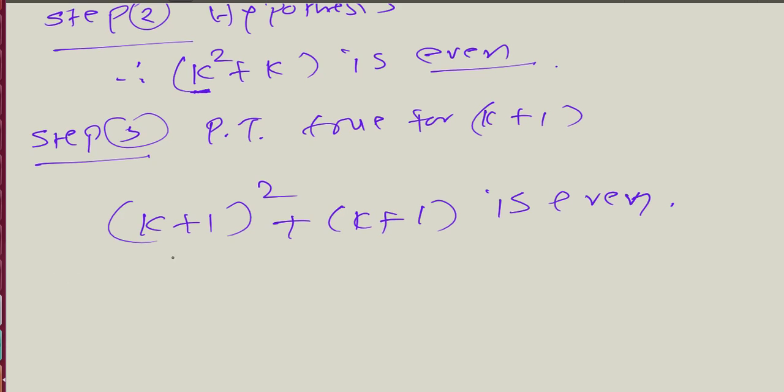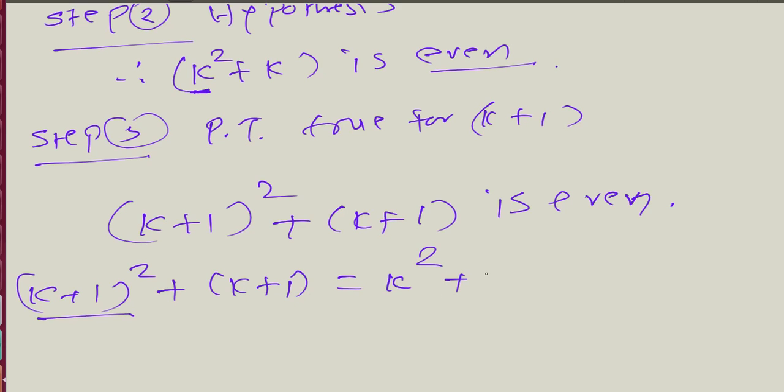So let's do it. (k+1)² + (k+1), if I expand this by using (a+b)², is k² + 2k + 1 + k + 1, right? So this is the expansion of the first term, and this term is added here.